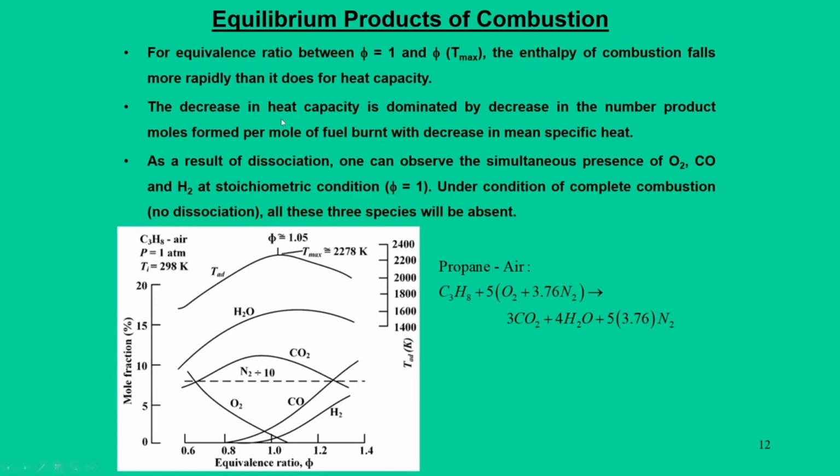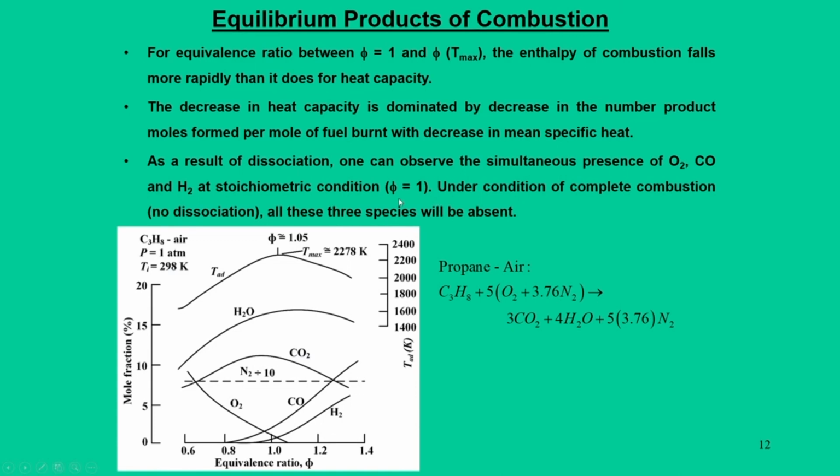Another consequence we can draw is that for equivalence ratio between phi equal to 1 and phi at T max, the enthalpy of combustion falls more rapidly. This is one of the reasons why the maximum mole fraction for H2O is at a higher equivalence ratio. That is because the decrease in the heat capacity is dominated by the decrease in the number of moles formed per mole of fuel burnt, with the decrease in the mean specific heat.